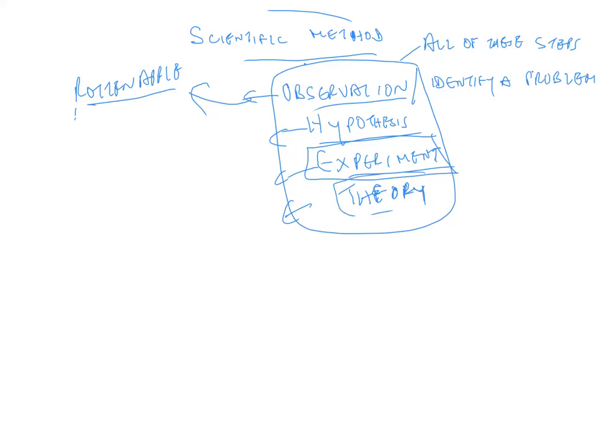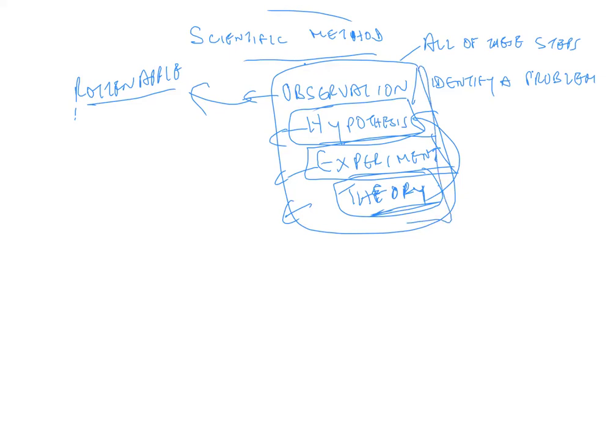Then you can confirm the hypothesis that nobody's at home. You can accept it or reject it. If you reject it, you have to go for another hypothesis and then test it. So this is the process of the scientific method.